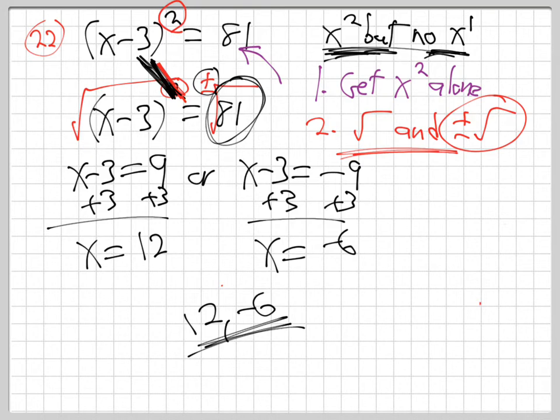By the way, can you see those are really right? I like when we have a moment. We don't have many moments. I like to go back and just check. Those are really right. Let's see it. If you put a 12 back in here for x, when we say x is 12 or negative 6, we're saying both those work. Both those make the original equation true. Do you see it is the case? What's 12 minus 3? See, I put the 12 back in here. I'm just checking. Not required. But if you just put that 12 in for x, what's 12 minus 3? 9.